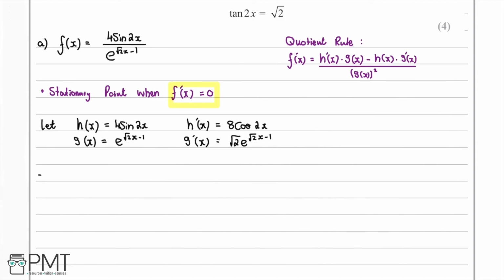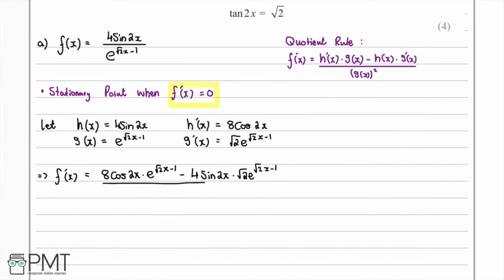So therefore we can write that f dash of x is going to be equal to 8 cos 2x multiplied by e^(root 2x minus 1). And then we'll subtract h of x, so 4 sine 2x multiplied by the derivative of g of x, so that will be root 2 e^(root 2x minus 1).